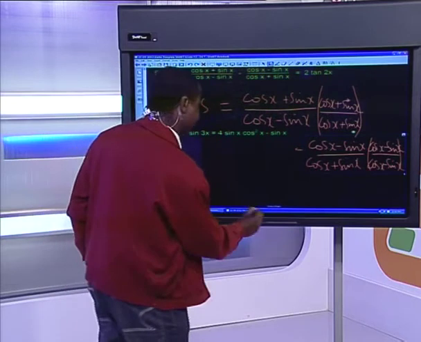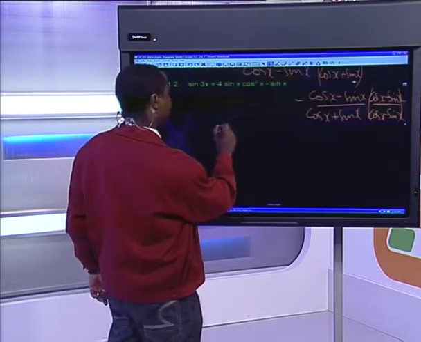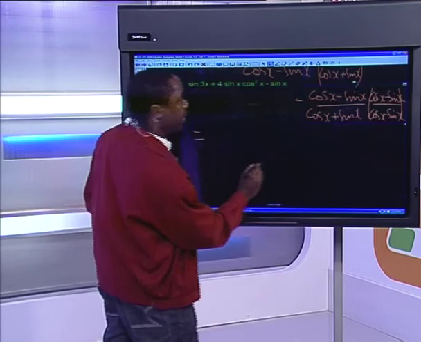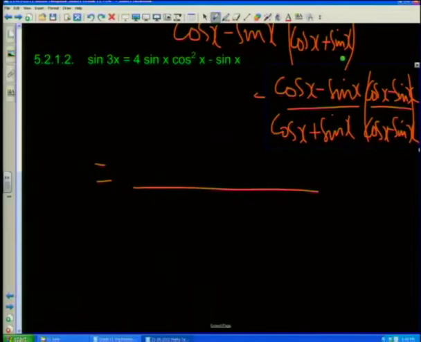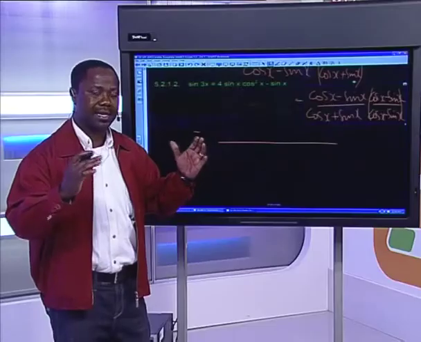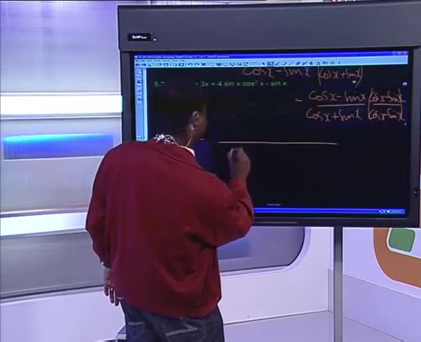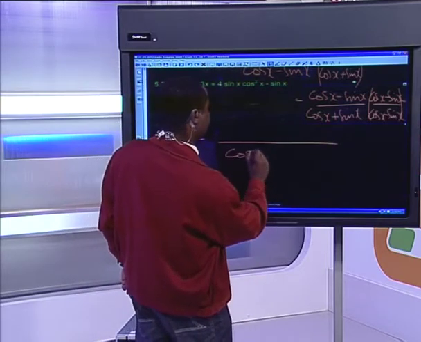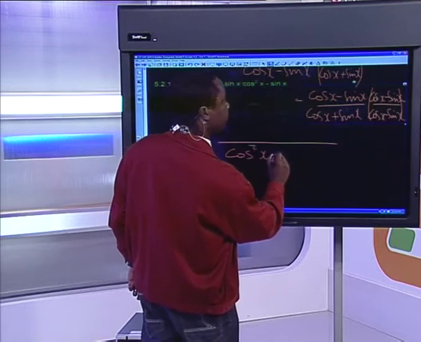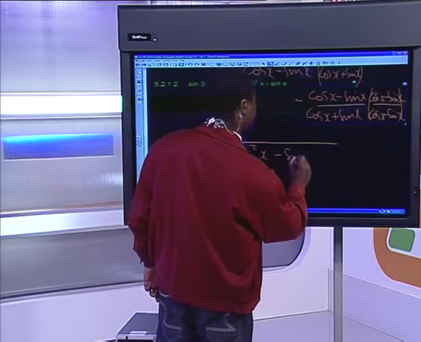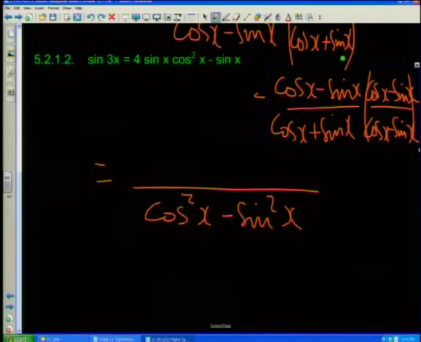It means I can write them with one long division line. And in the denominator, it's actually two factors, the difference between two squares. So that is cos squared x minus sine squared x.